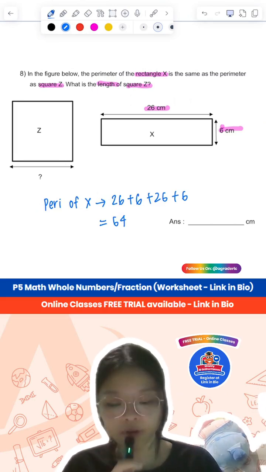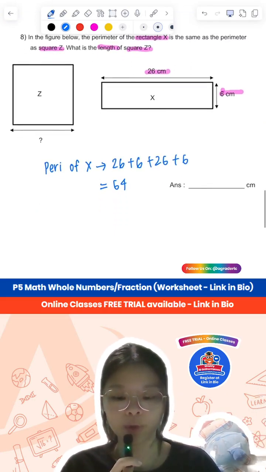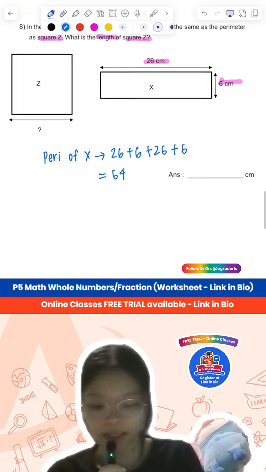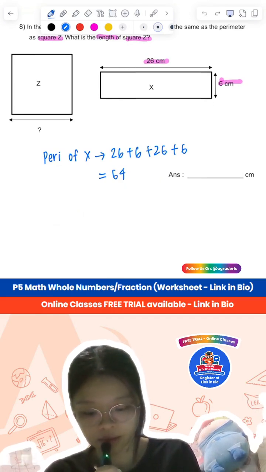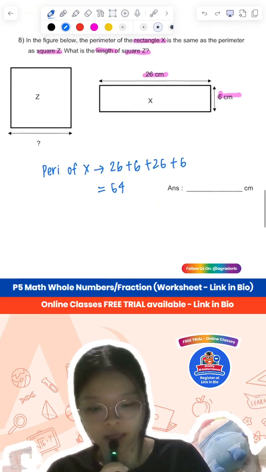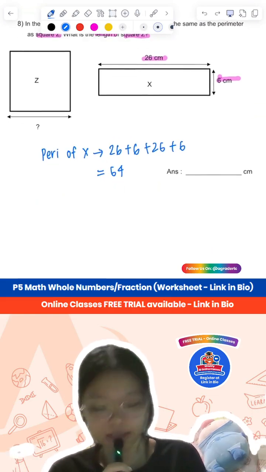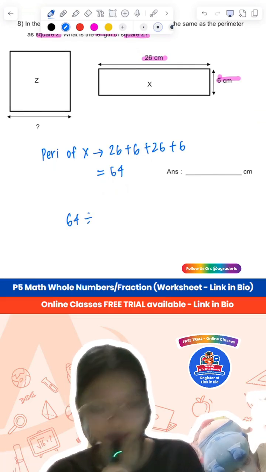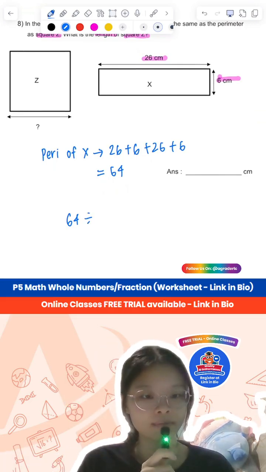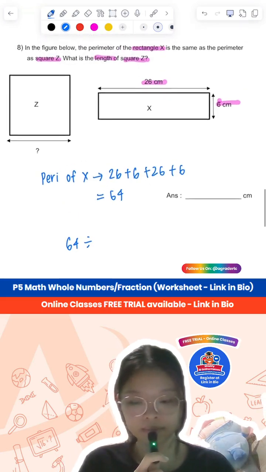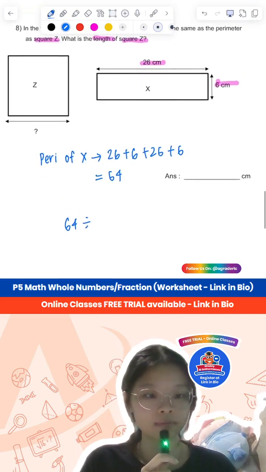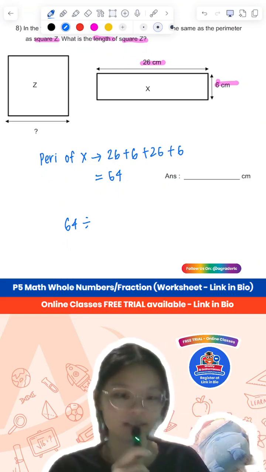Since the perimeter is 64 and we know the length of square Z should be something times something to give me... What am I doing? That is area. Okay, same as the perimeter. Perimeter means I should do 64 divided by... It's not 8.